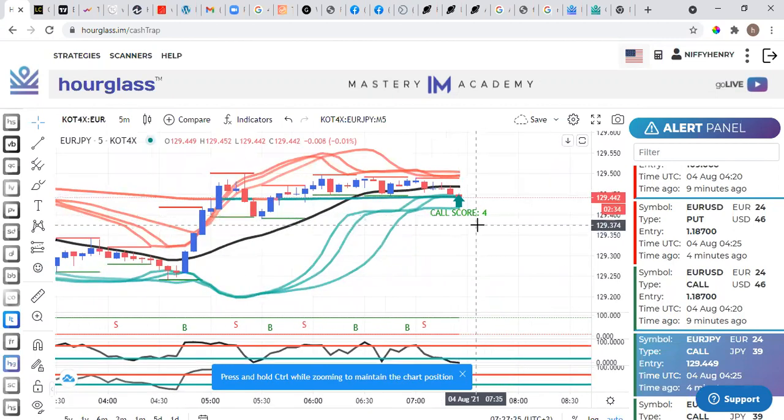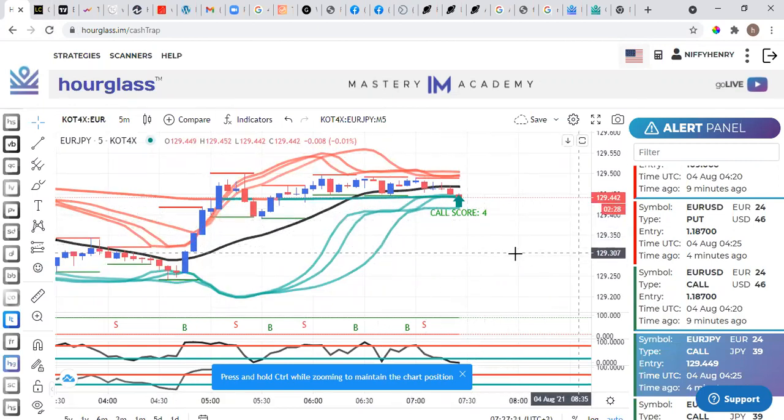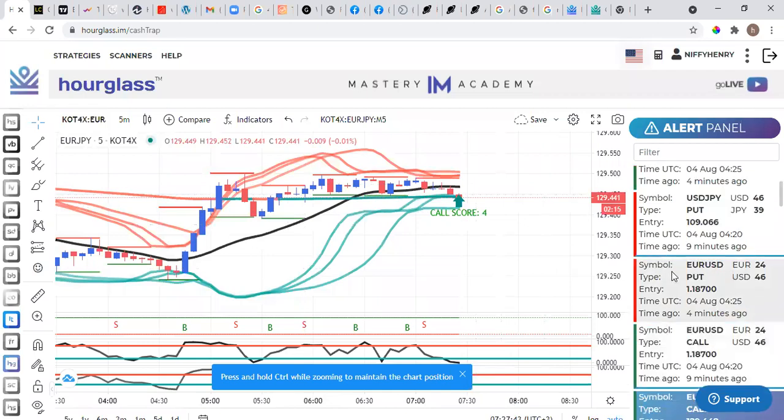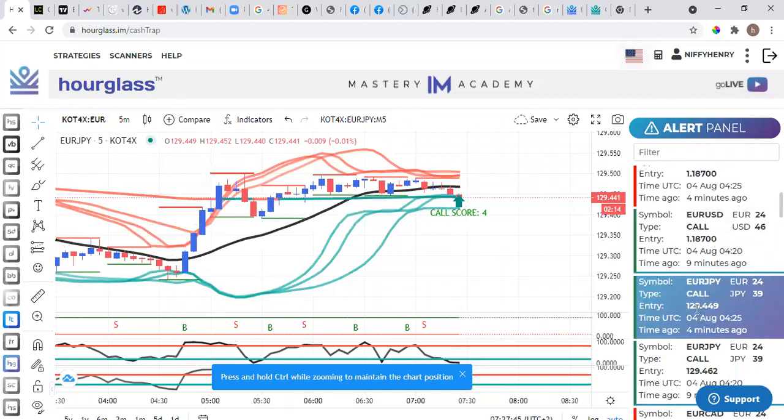Okay, but I would like to go. So now this is a very good trade. It's giving me a call signal. Can you see call score 4? If you have a quality score of like 4 or 5, it's a good trade to take. That's just how Cash Trap works. It's telling you to buy at this price, 129.449.